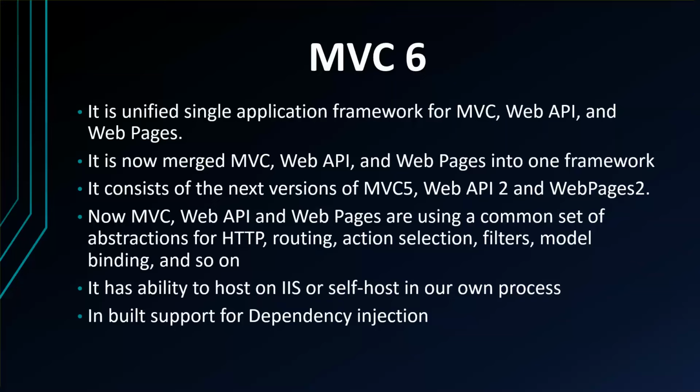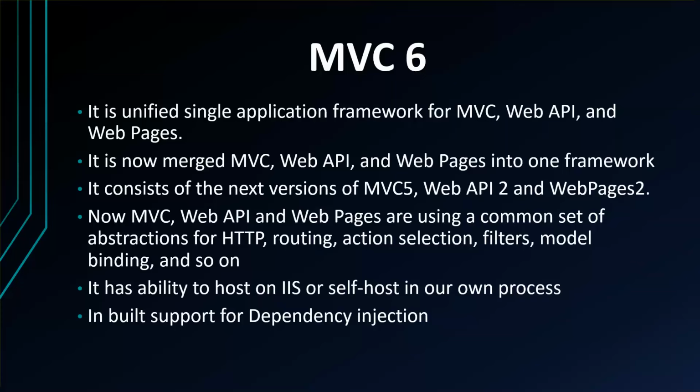Now MVC, Web API, and web pages use a common set of abstractions for HTTP-related data, routing-related data, action selection, filters, model binding, and many other cases as well. It has the ability to host in IIS and even self-host, or else we can create our own hosting environment as well.